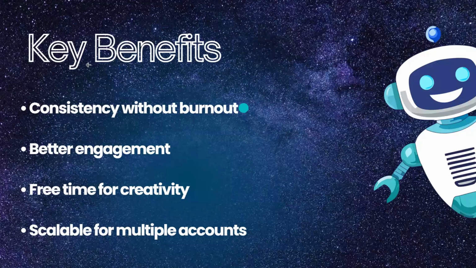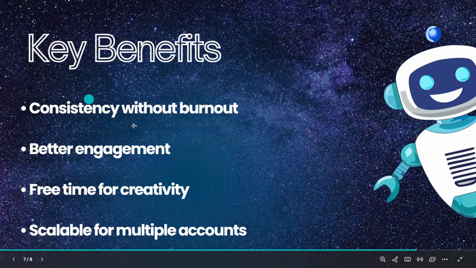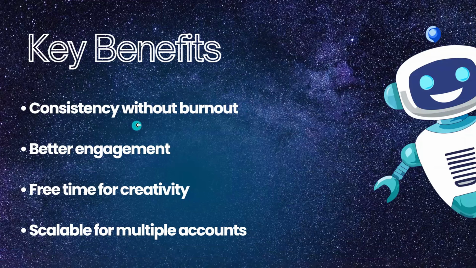Key benefits. The key benefit is consistency without burnout. Also, it provides better engagement and helps us grow our brand in just a short amount of time, and we can reach more people by using AI tools.